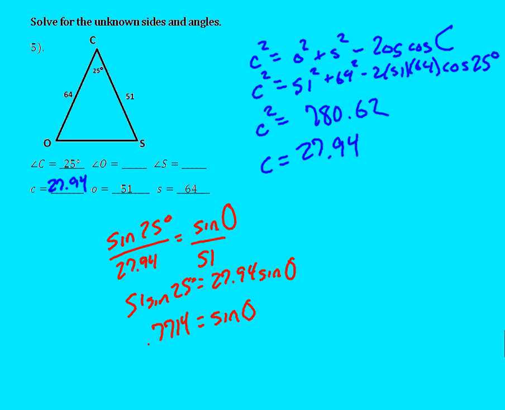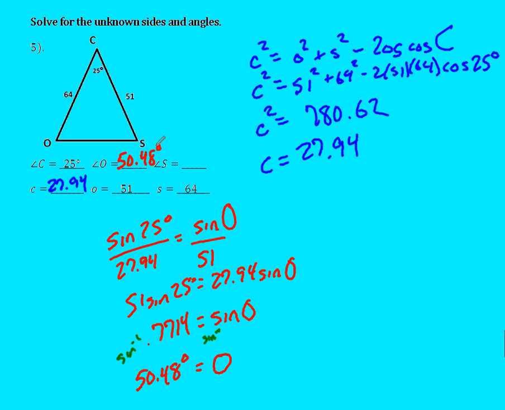Now I take the inverse sine of both sides, and I get that angle O is equal to 50.48 degrees.